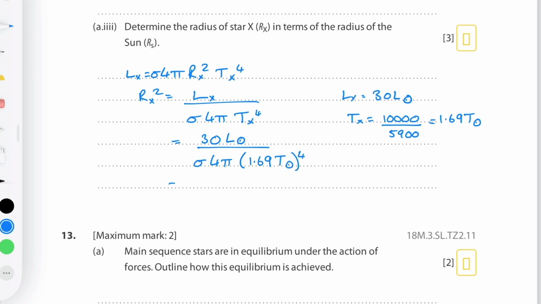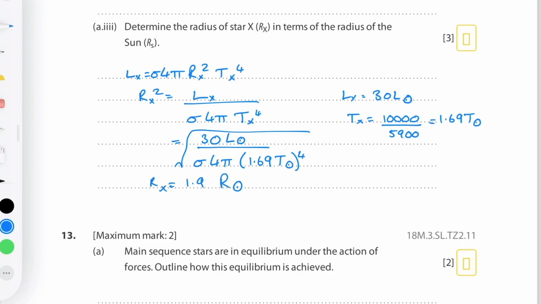And if we do 30 divided by 1.69 to the power of 4, then that gives us Rx squared, and we're going to square root that, sorry. Rx is equal to 1.9 times the radius of the sun.